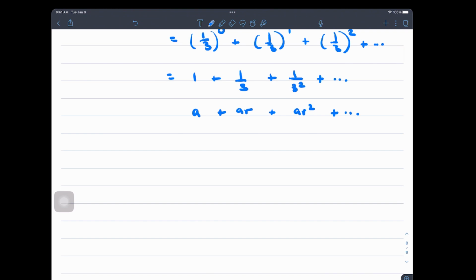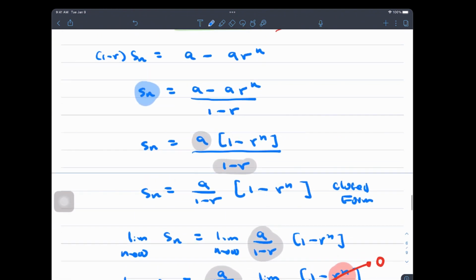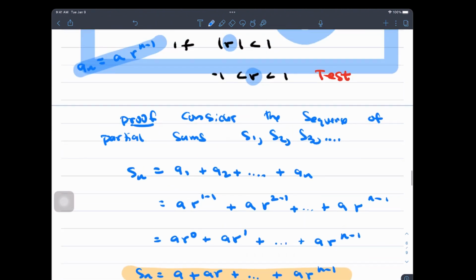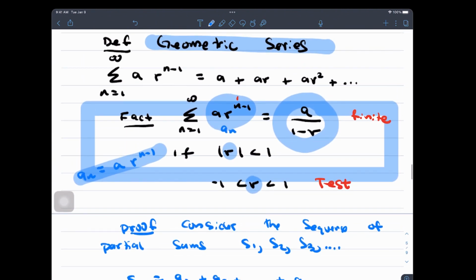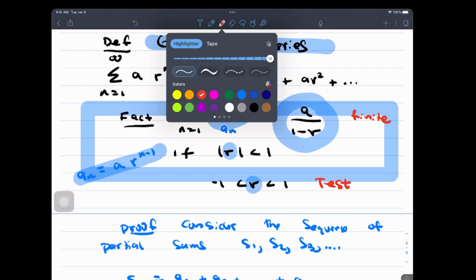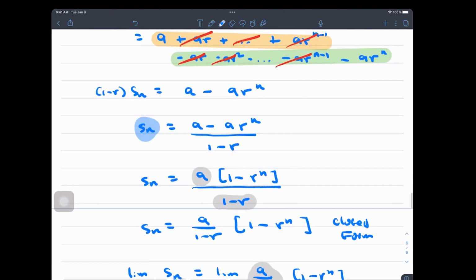Because the definition of a geometric series is right up here. It has to have that pattern: a plus ar plus ar squared and so on.